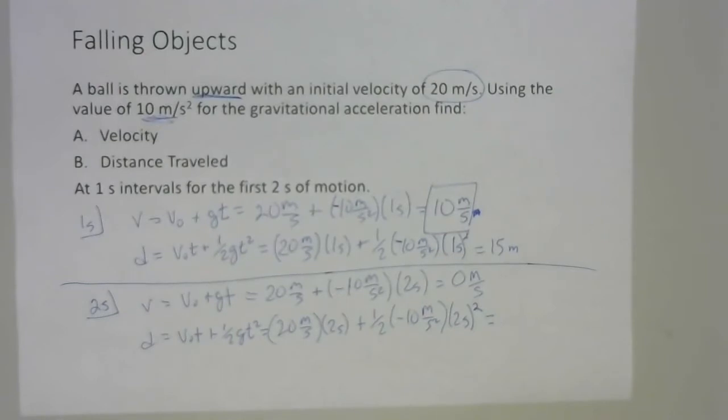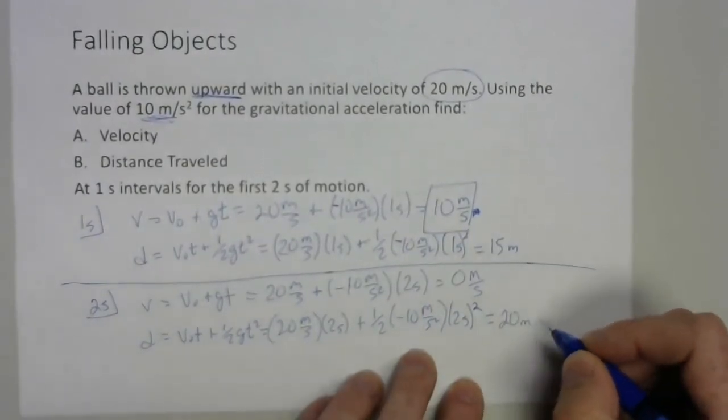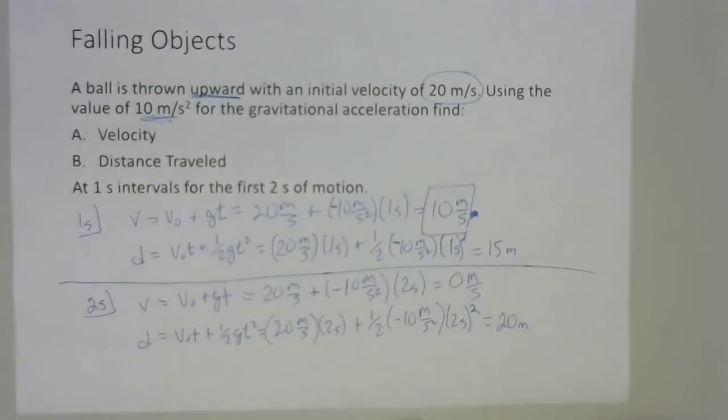And so then you got 20 times 2 minus 0.5 times 10 times 2 squared, which is 4. And so it travels a total of 20 meters up before it begins to fall. So this has been a brief discussion of falling objects with initial velocity, that is, they've been thrown upward or downward, and the differences between them.